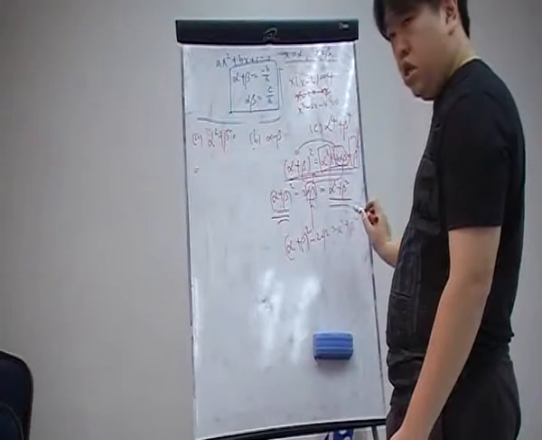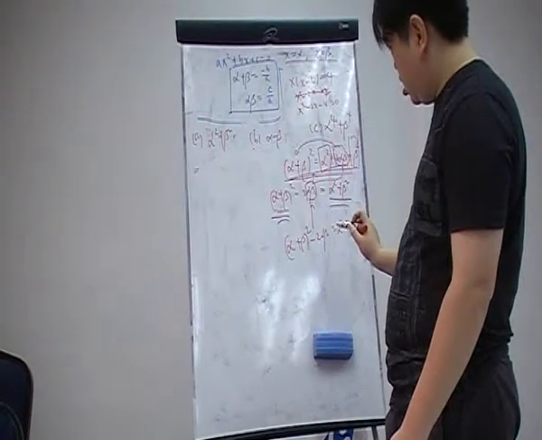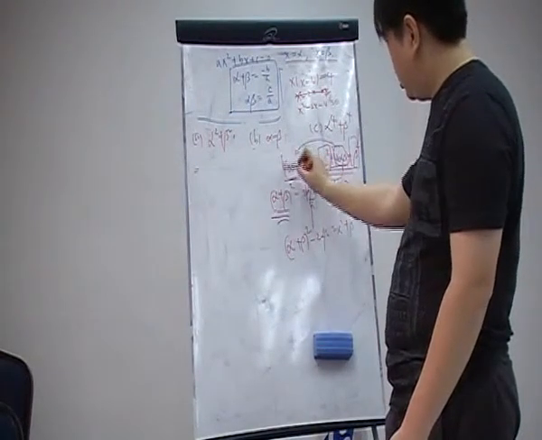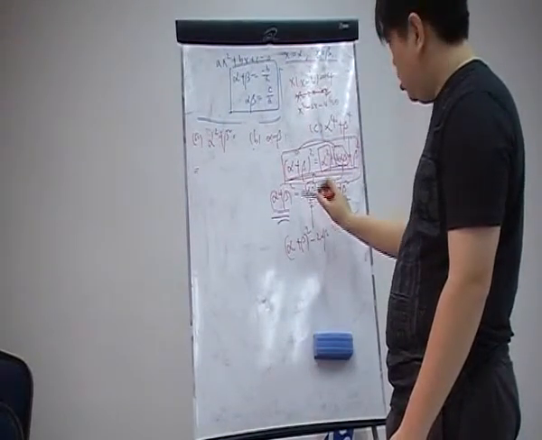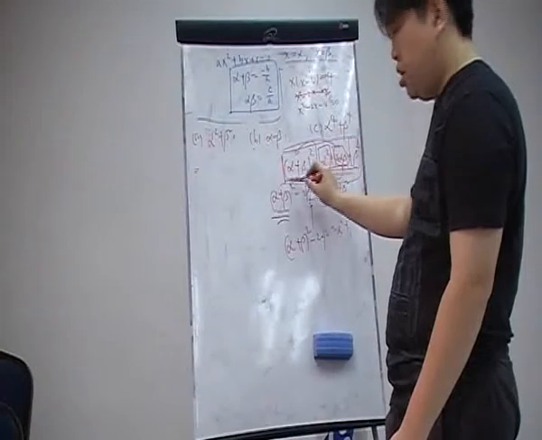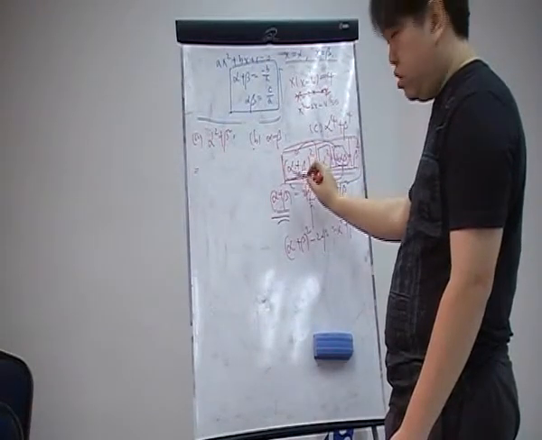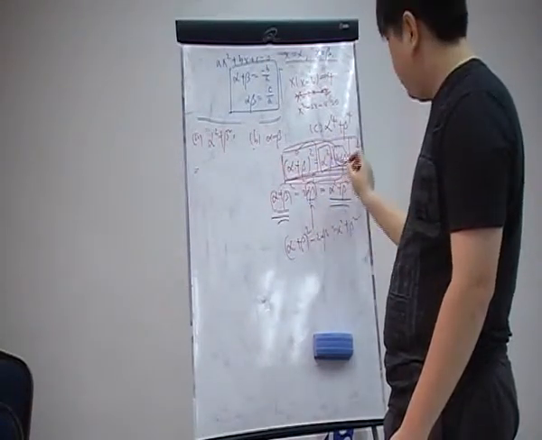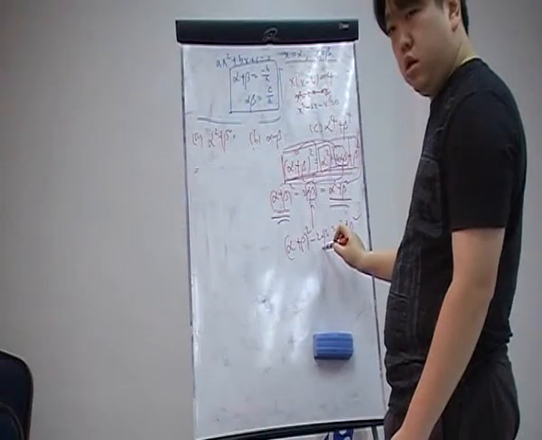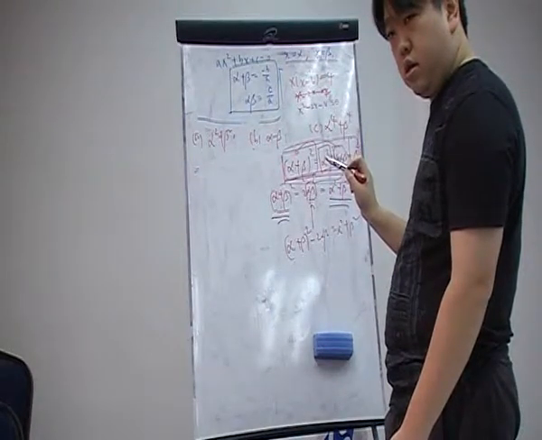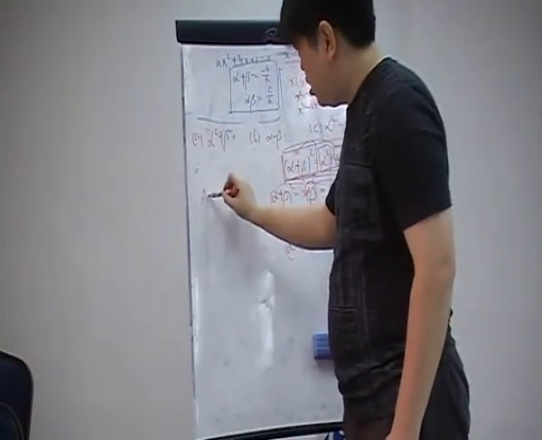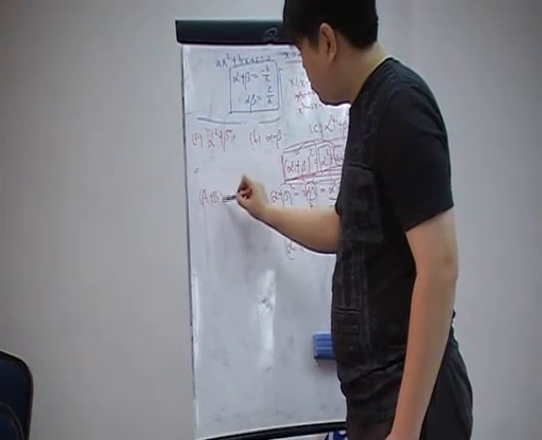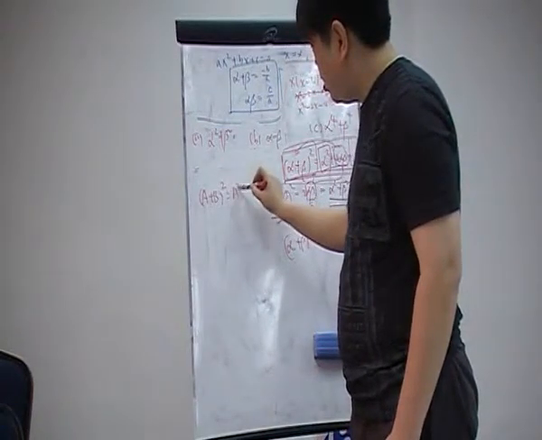But how do you get alpha plus beta bracket square? Do you understand this identity? A plus b whole thing square equals a square plus 2ab plus b square.